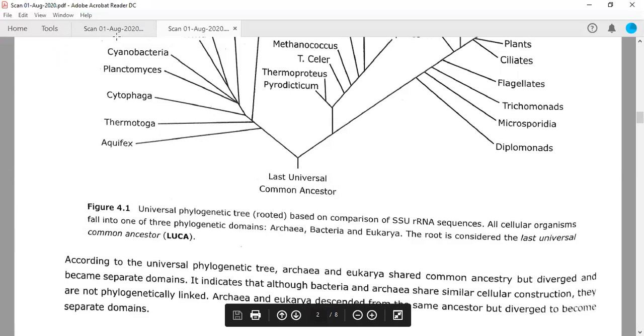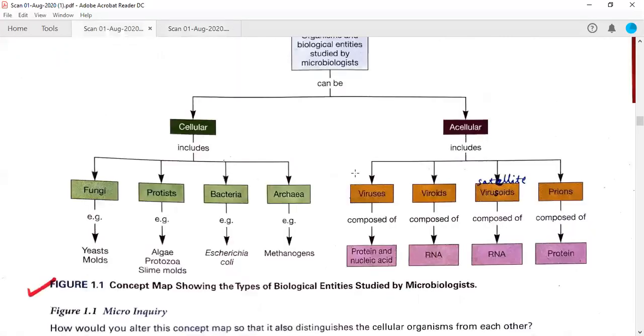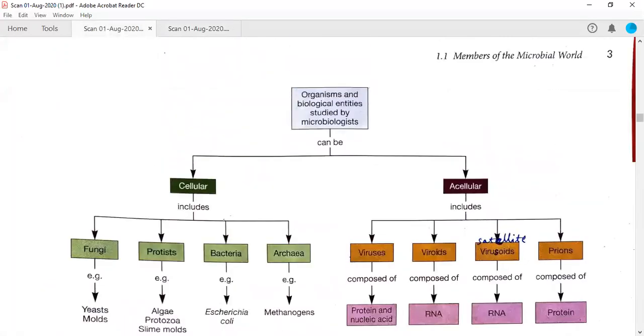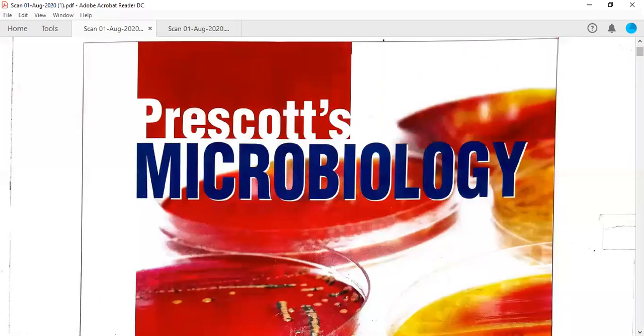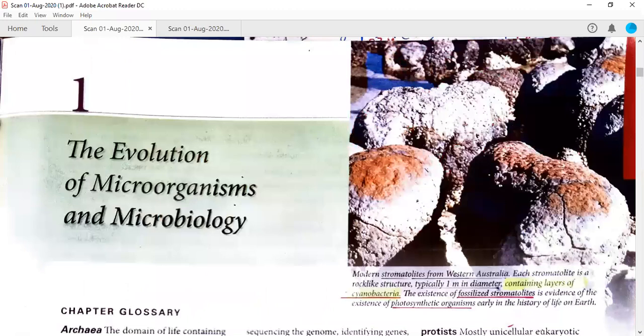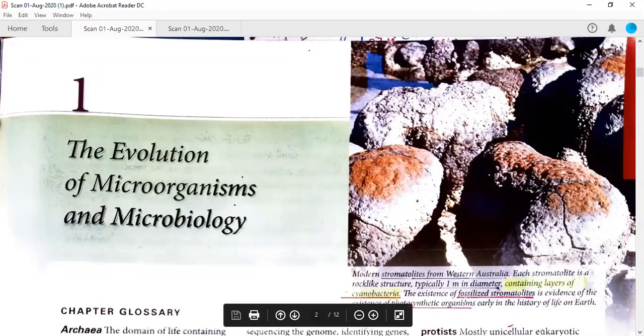Okay, if you look into the first page of Prescott itself, there is a picture of stromatolites. If you can see this particular picture, you can see huge rocks, but these are not rocks actually, these are cyanobacteria. Cyanobacteria in the sense they are fossilized stromatolites.